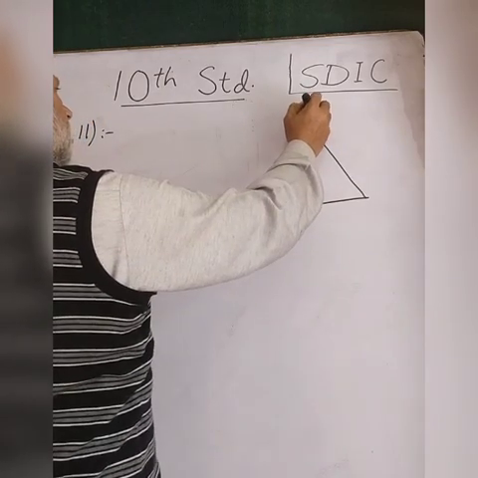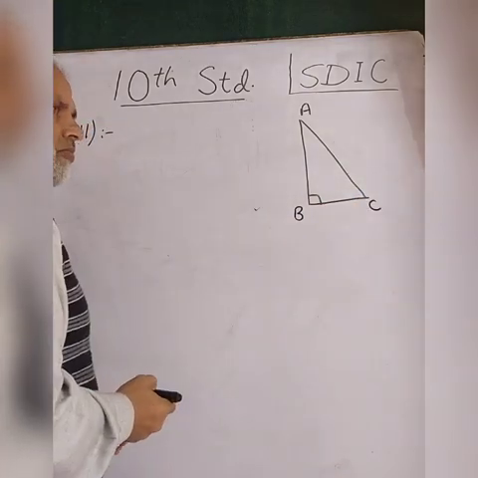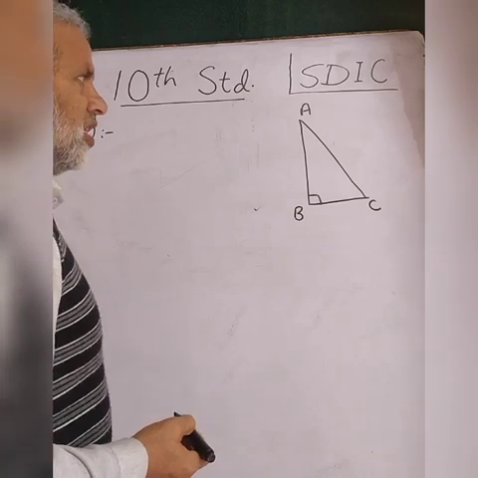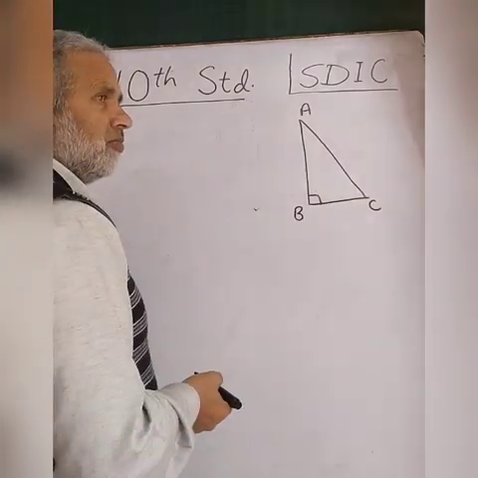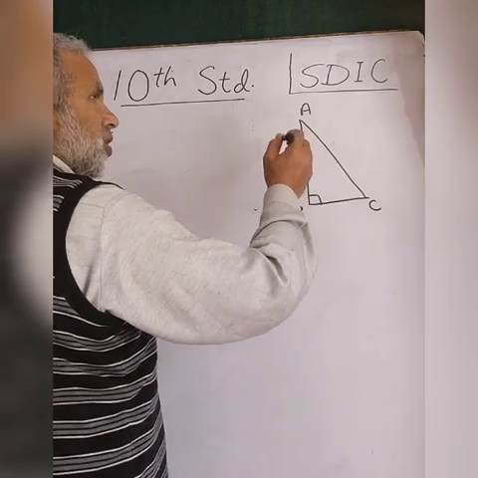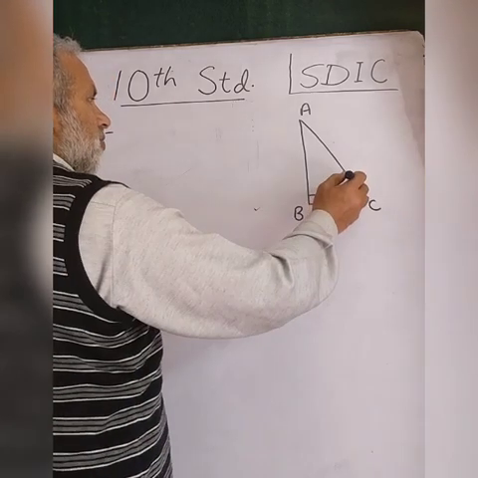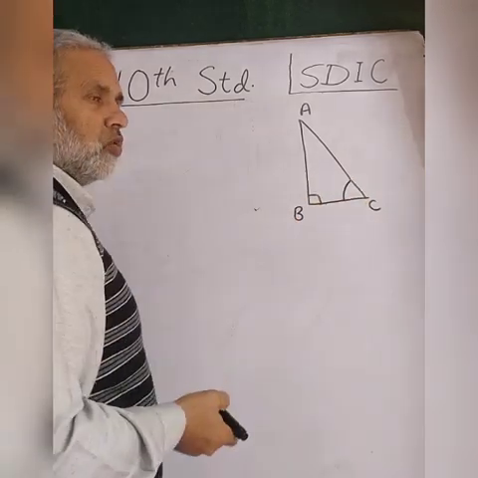Let us consider the triangle ABC, right angle at B. We have already discussed that there are two acute angles. You have to choose first one of the acute angles. For example, angle C is the acute angle chosen. We may choose angle A also.